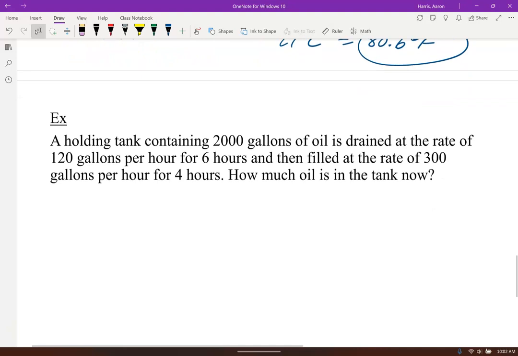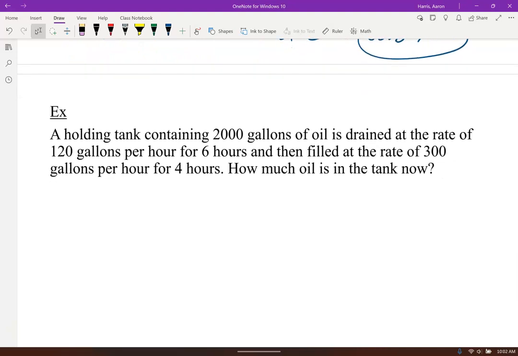All right, last one here. We got a holding tank containing 2,000 gallons of oil. So we have 2,000 gallons of oil, and then we're draining. So what are we going to do if we're draining? I'm going to subtract out 120 gallons per hour, but it does it for 6 hours, right?